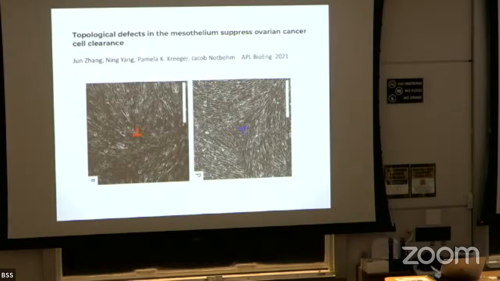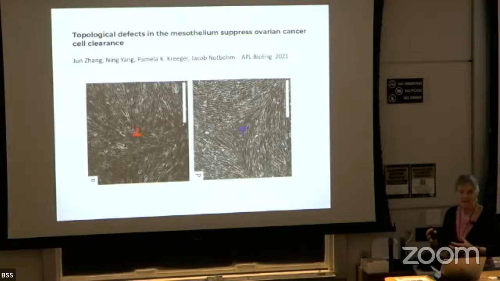And in this paper, what they showed is that it's much harder for the cells to be cleared away and pushed away in the region of the topological defects, that they tend to burrow through at the points where they see the topological defects. And the reason for this is that around the defects, there are more cell flows, and so it's much harder for things to be pushed away, so they tend to penetrate instead.